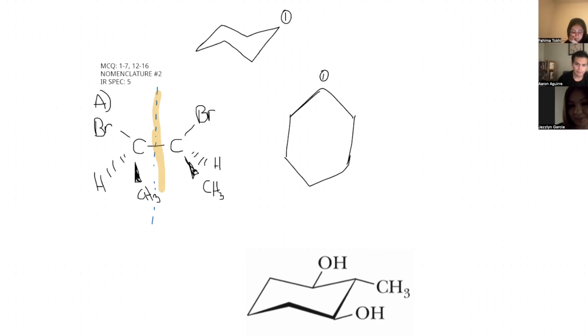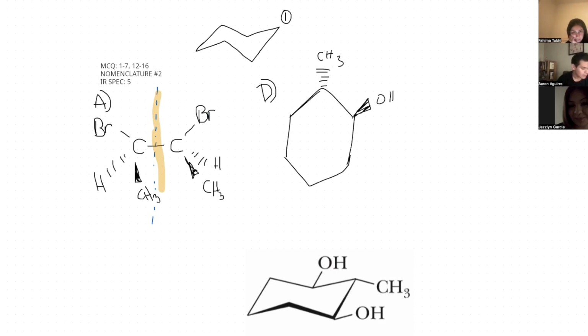You're going over D. So in this case, we have a methyl group which is pointing down, so it's going to go away. And then we have an OH group coming up.